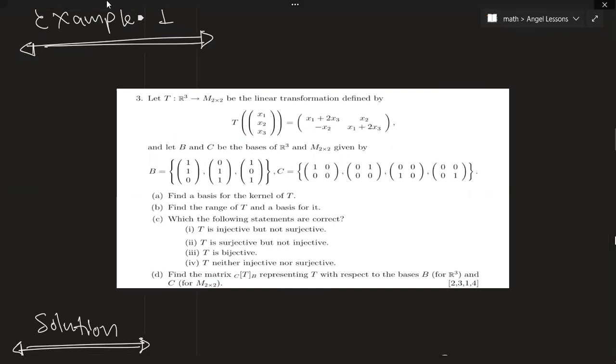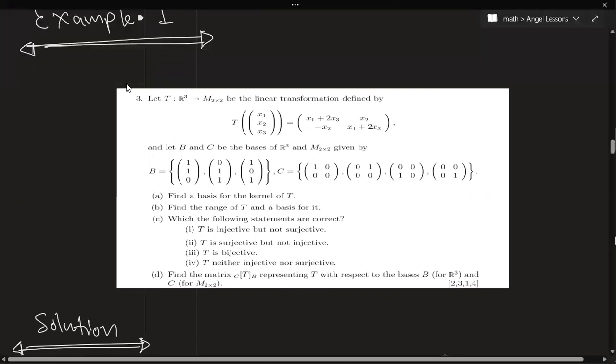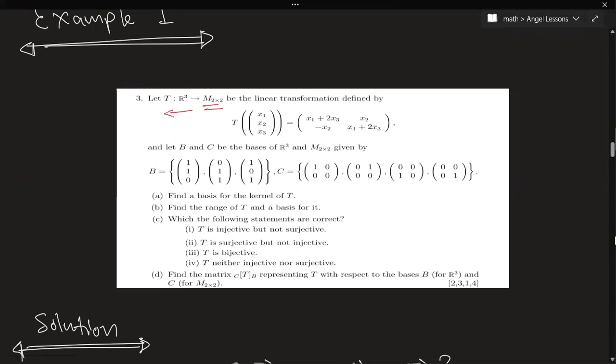Do you see that for an element in M2 to be mapped back, it must be rewritable in this form?